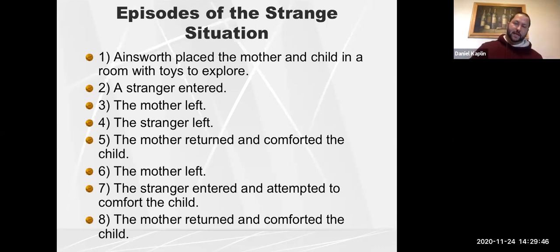Then the stranger leaves. The mother returns, tries to comfort the child. Then the mother leaves again. The stranger enters, tries to comfort the child, and then the mother returns and tries to comfort the child again. And this is a reversal design so that they can be clear on the effect of the mother leaving and the effect of the mother coming back.